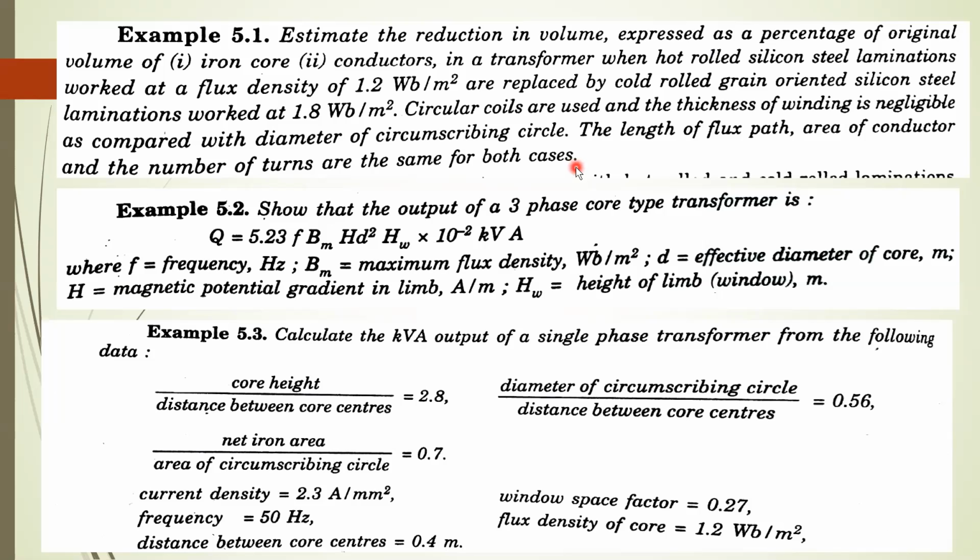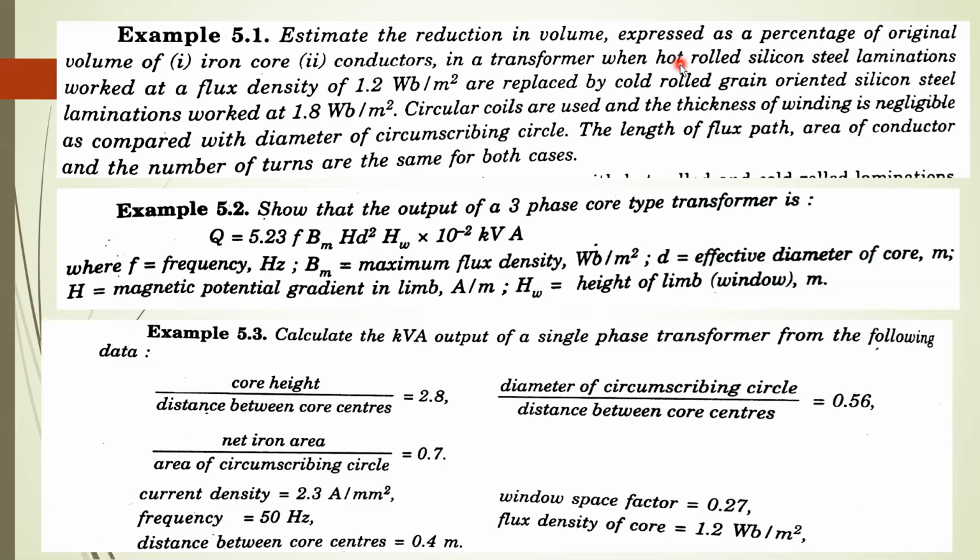Okay, right? So what is asked in this question is that you have a transformer which has an iron core made up of hot rolled silicon steel lamination, and the flux density of this core is 1.2 Weber per meter square.